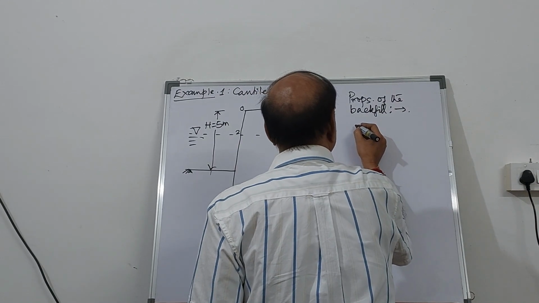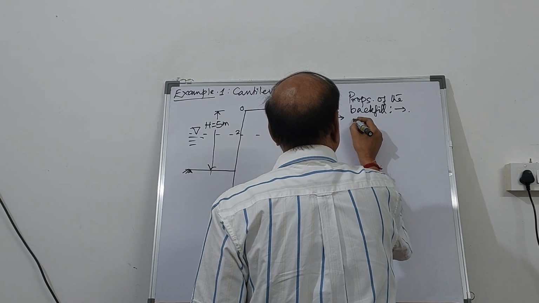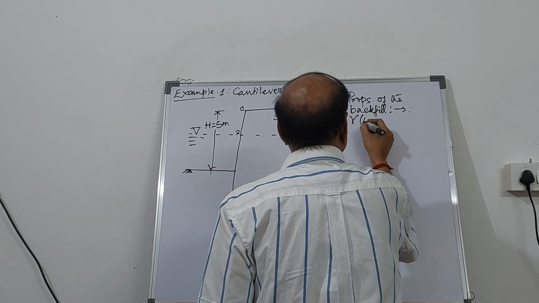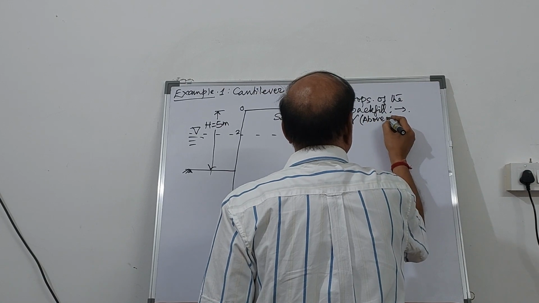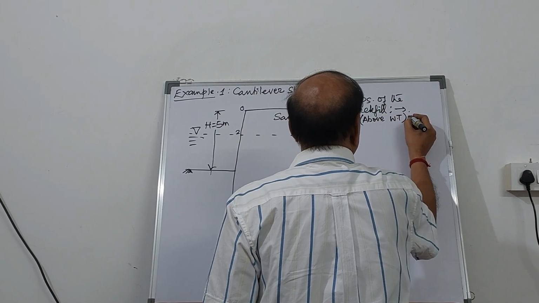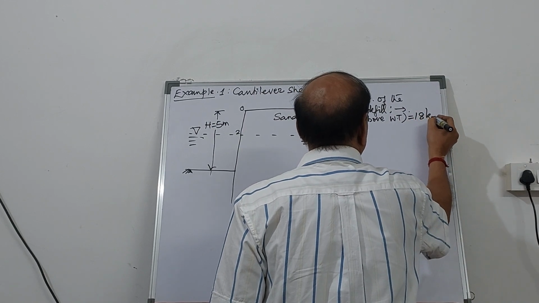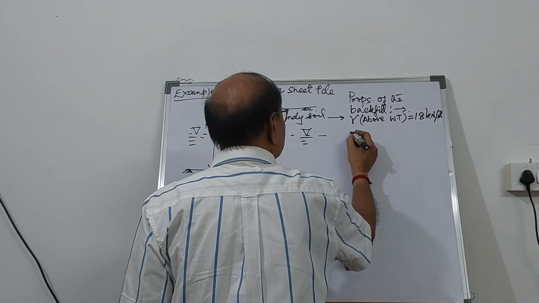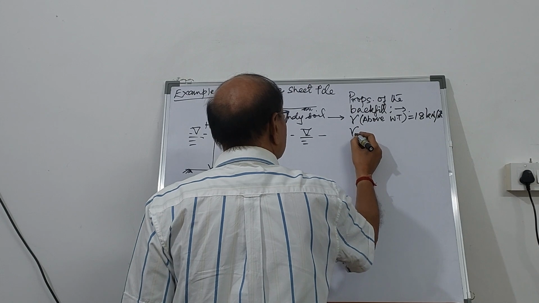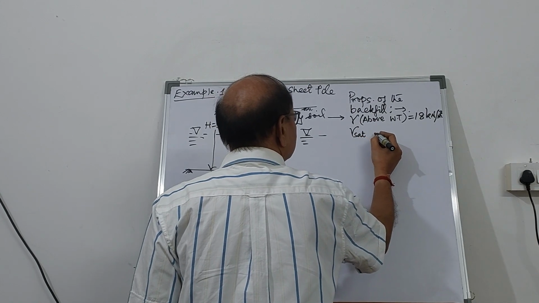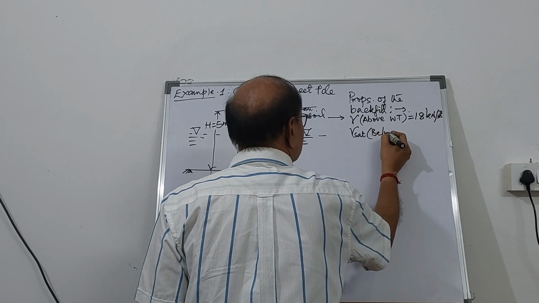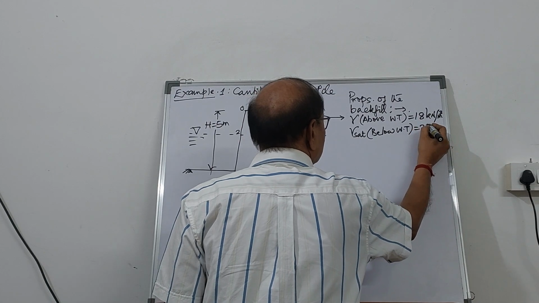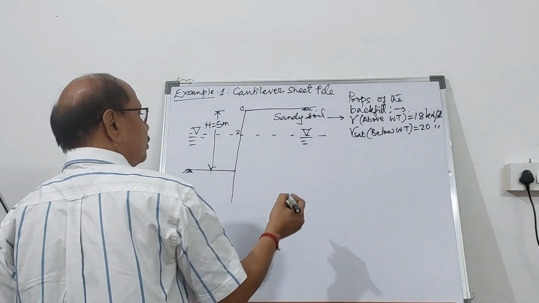It is sandy soil, and the unit weight gamma above the water table is 18 kilonewton per meter cube, and below the water table gamma saturated is 20 kilonewton per cubic meter.